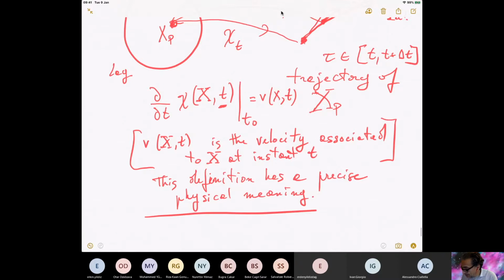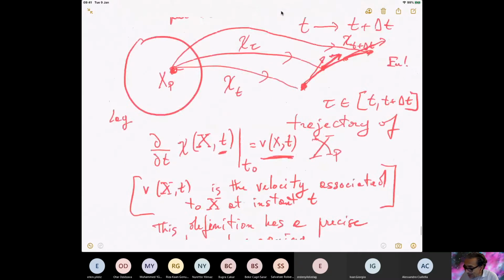Now, remark that this is a very strange field in a sense, because its domain is a point in the Lagrangian description, and its domain is the set of displacements in the Eulerian description.